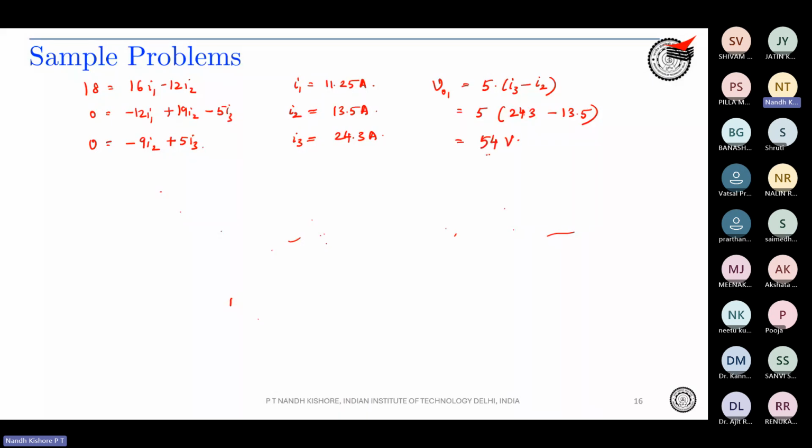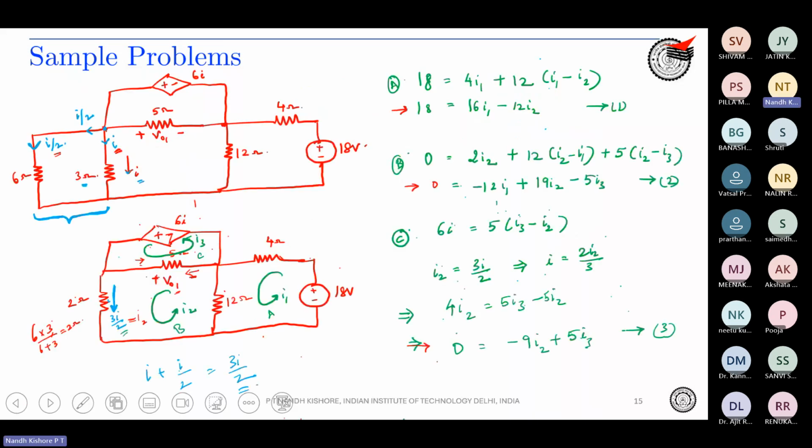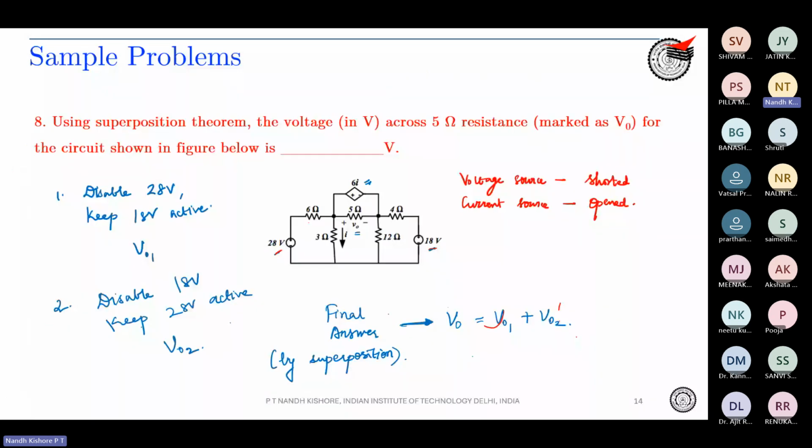So this is the voltage across the 5 ohm resistor with only the 18 volt source active and the 28 volt source shorted. We will go back to the circuit that we were talking about. The 28 volt source was shorted and the 18 volt source was the only active source. Now the next part of the circuit will be to disable the 18 volt source and enable the 28 volt source. So that will be the next question that we need to do.